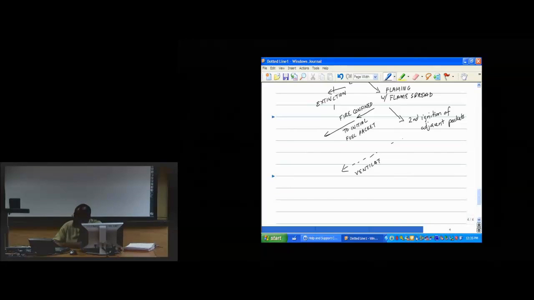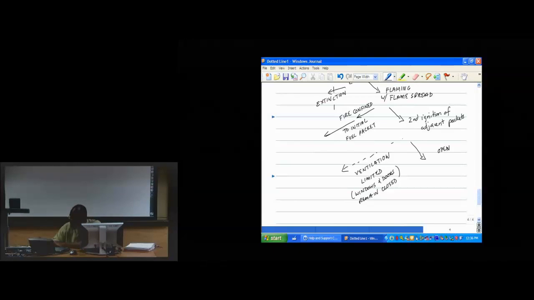Or if, unfortunately, these windows and doors are open, then we'll always have an adequate amount of oxidizer, and this may be the path to this flashover type event.